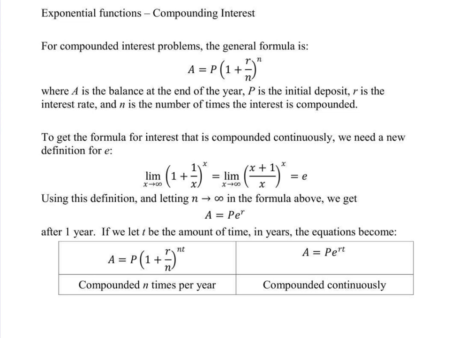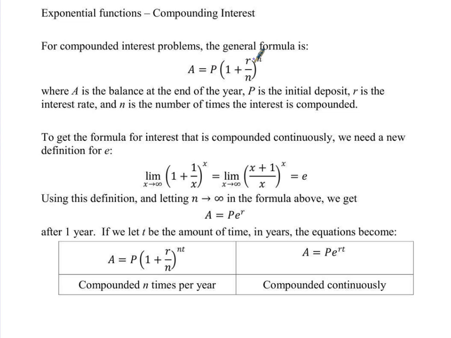For compound interest problems, the general formula is A equals P times 1 plus R over N to the nt power. A is the balance at the end of the year. P is the initial deposit. It's called the principal. That's why the letter P is used. The initial deposit into the account, or the initial amount into the account when time is 0. 1 is 1, obviously.